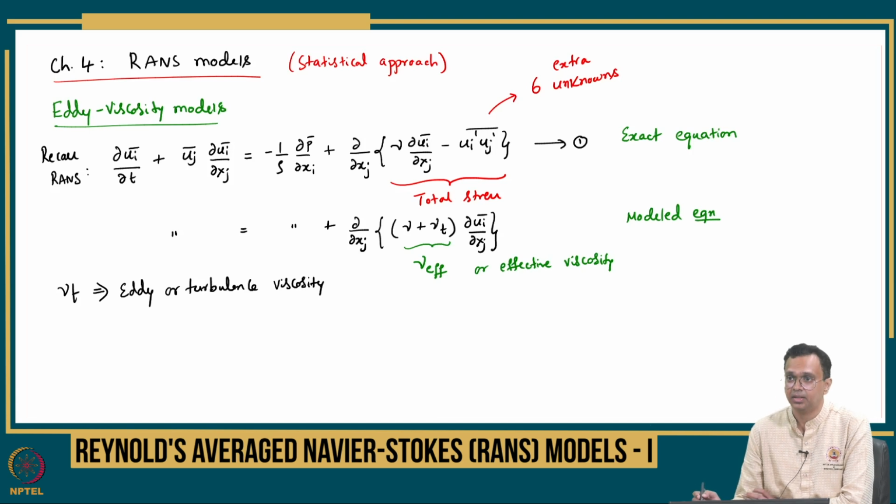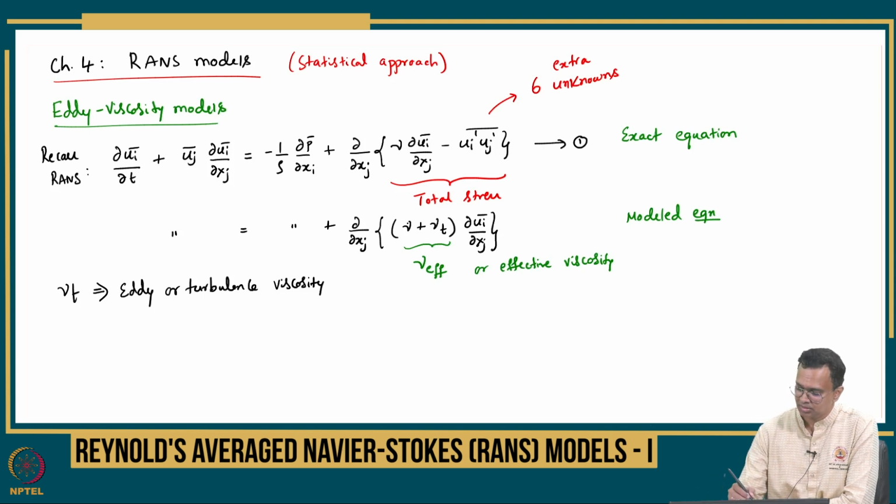You should remember that this mu t neither represents viscosity, nor represents any eddy. It's just that the name has come. You can definitely call it a turbulent term, because this nu is representing the molecular viscosity effects. This nu t is actually being used to represent the Reynolds stresses or the turbulence stresses, and that's why the name T is here, mu t.